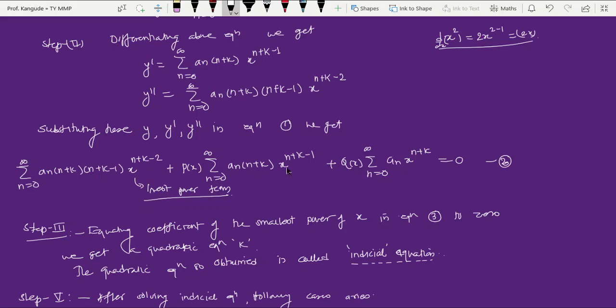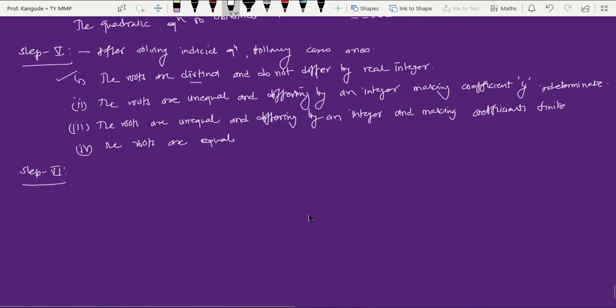Now the remaining powers of x are the intermediate power x raised to n plus k minus 1, and the highest power en times x raised to n plus k. These two coefficients also give you something very interesting, and that equation is called the recurrence relation. So we have to write something about this.